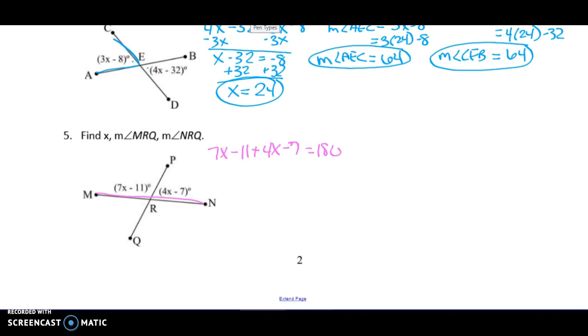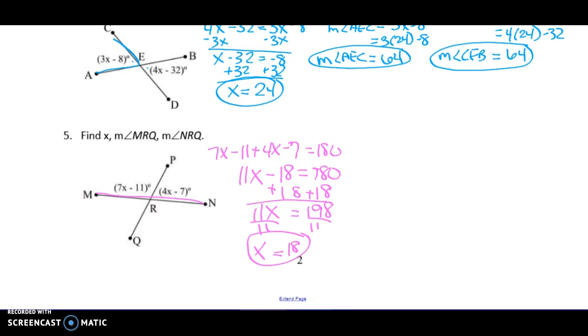So 7x plus 4x is 11x. Negative 11 minus 7 is a minus 18. Add 18. So 11x is equal to 198. And divide by 11. Means x is 18.